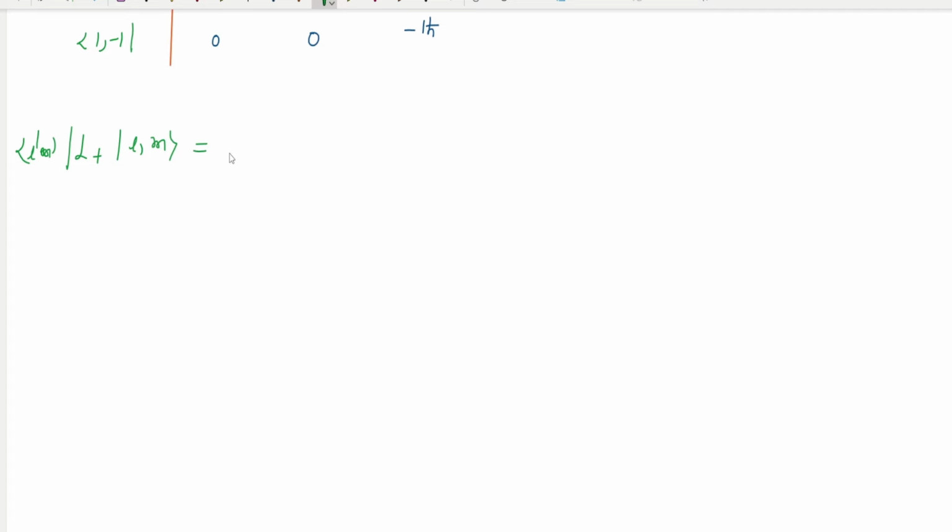Then I can get the H cross root of L minus M into L plus M minus 1. Sorry, I'm going to explain this thing. Just wait, no need to hurry.